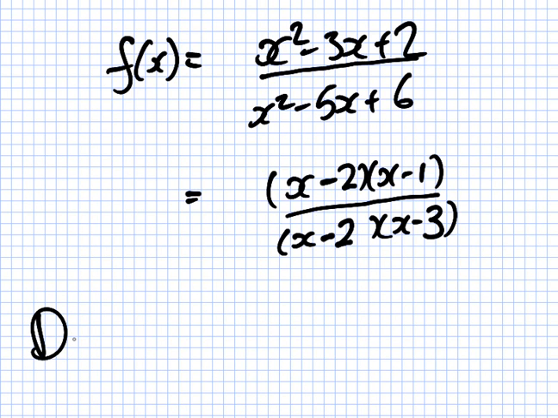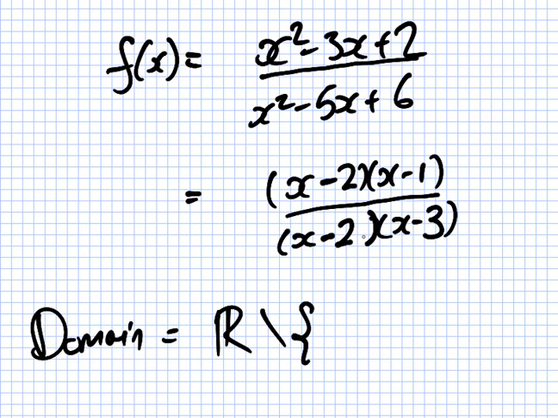Domain is all real numbers except 1 and 3. 2 and 3? Only 3? So it seems like we have some people thinking all real numbers except 2 and 3, and then we have some people thinking all real numbers except 3.